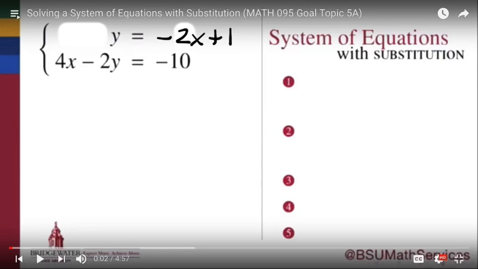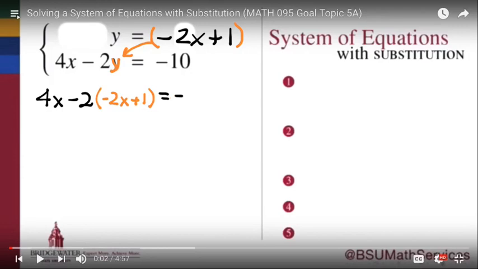That means that any place in the second equation where I see a y, I can replace that with negative 2x plus 1. The benefit is it takes that second equation from an equation with two variables back down to an equation with only one variable in it. And as soon as we get there, we know what to do. That's a well-traveled road for us by the time we get here.